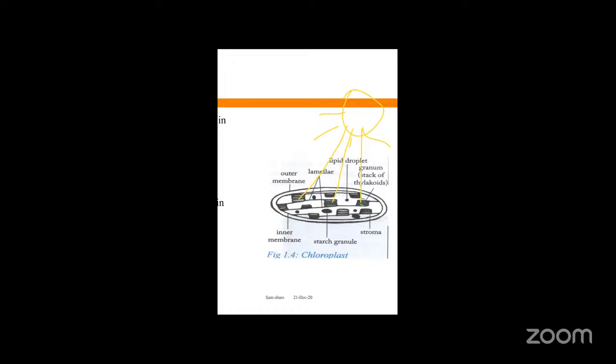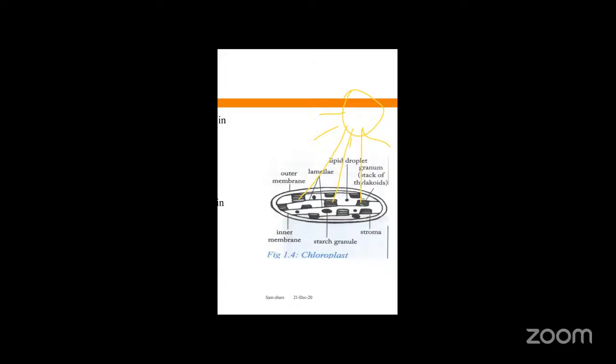But when you zoom it out, when you use a highly powerful microscope, like an electron microscope, you'll be able to see the insides of the chloroplast, and you will see that despite the fact that it looks like it's the chloroplast that carries out photosynthesis, there are some internal parts of the chloroplast which, for example, the granum absorbs sunlight because it contains chlorophyll.